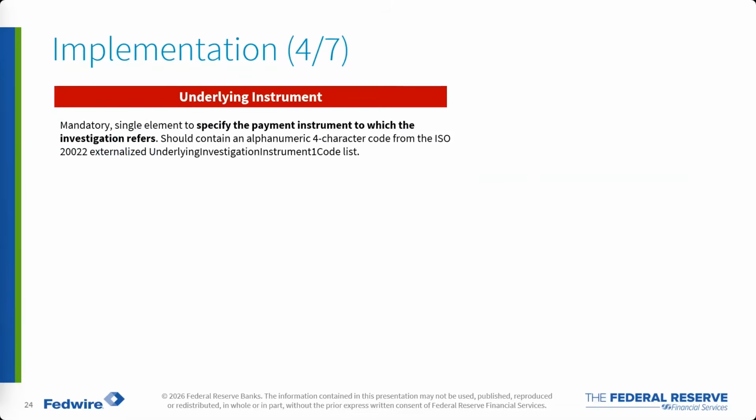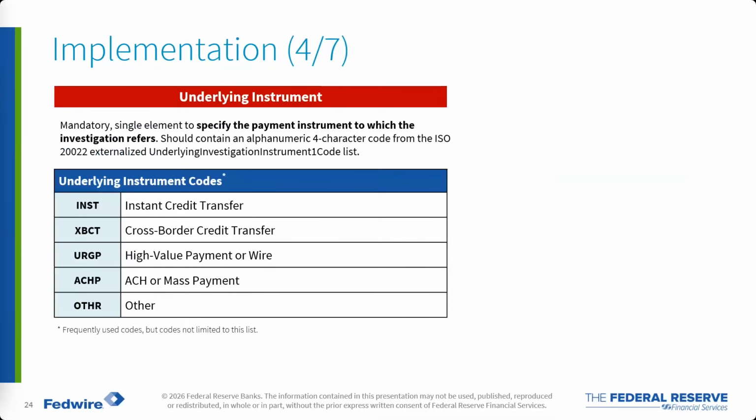Okay, underlying instrument, short and sweet but required. This is a mandatory single element to specify in a coded form the payment instrument to which the investigation refers. Now, what codes are available, and more might be created in the future. You see there that if you're investigating an instant payment, you would use INST.